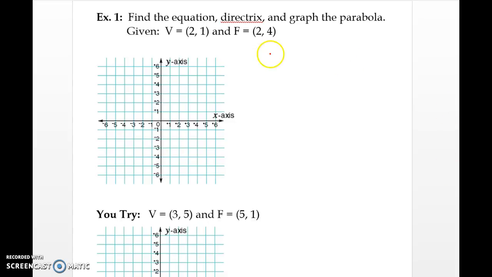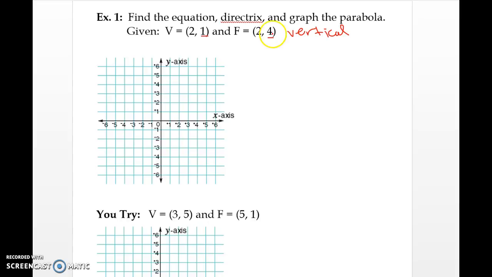So if we look at what's changed, it's your y part. That's how I know this is going to be vertical. If the x part has changed, it's horizontal. In this case, the y part has changed, so it's vertical.